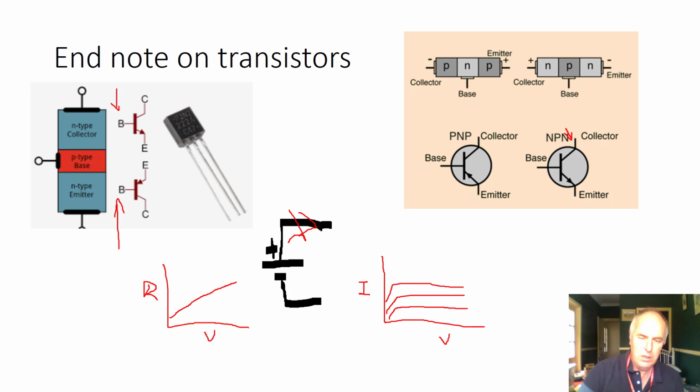But the important thing is that it is a current amplifier. That is, it takes a current in here and it amplifies the current. So this may be, say, 10. This level here may be 100.